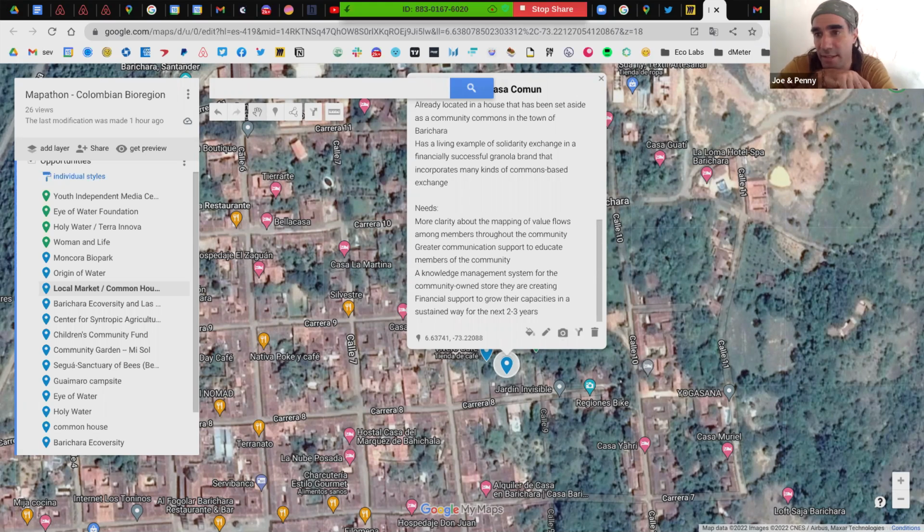She also has a successful multi-product agroforestry system connected into this network of food processing and dehydrating and creating value-added products within the community market.